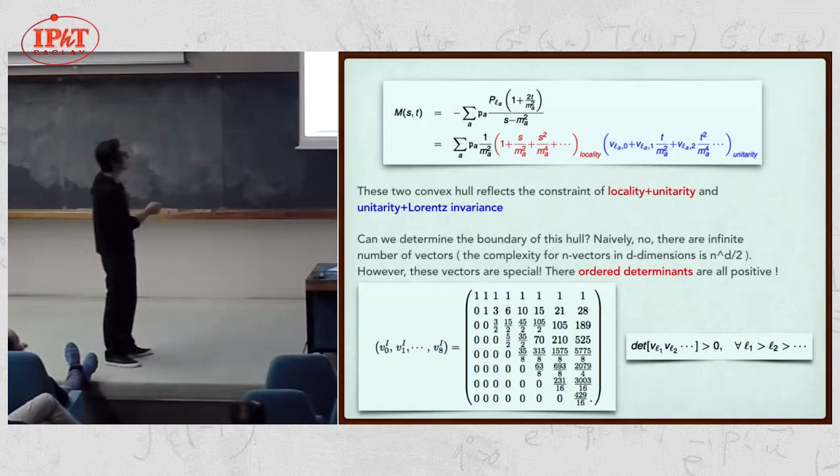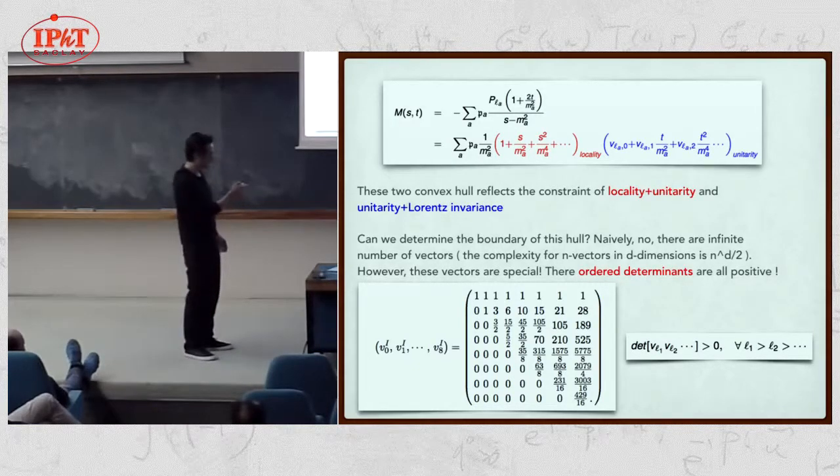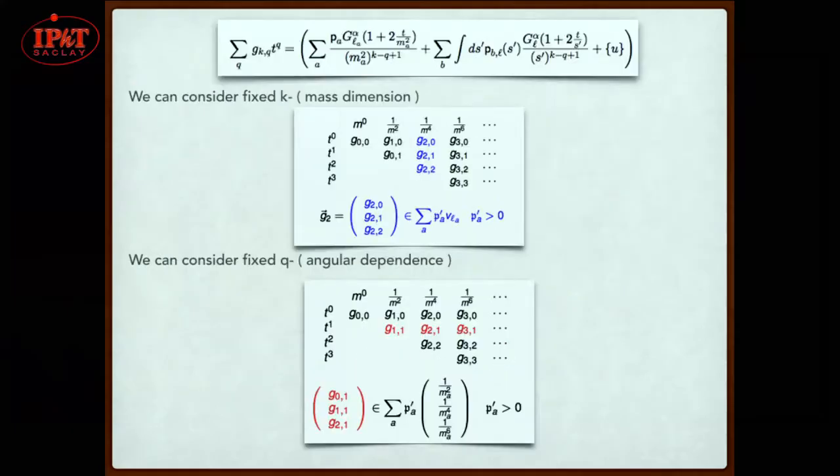Good. So now we want to determine what is the boundary of this convex hull. And can we determine it? Naively you would say, no, there's nothing to do here. The reason is something that I glossed over: when we write this sum, you can ask what is the number of L's that we have.